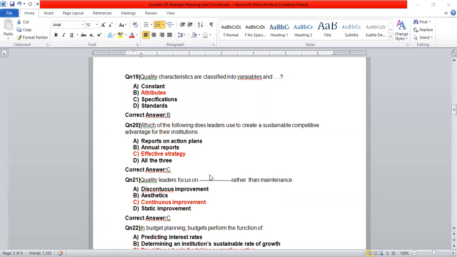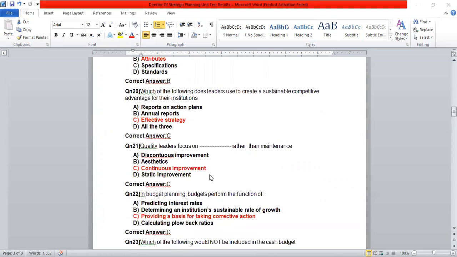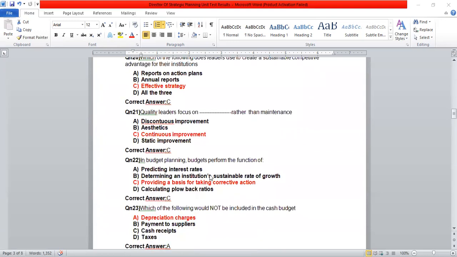Focus on continuous improvement. Question 22. In budget planning, a budget performs the function of providing a basis for taking collective actions. This is the right answer.